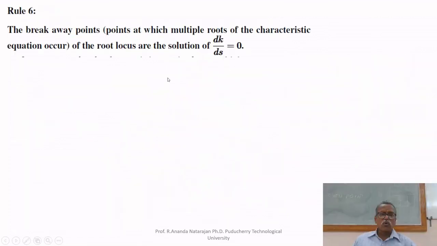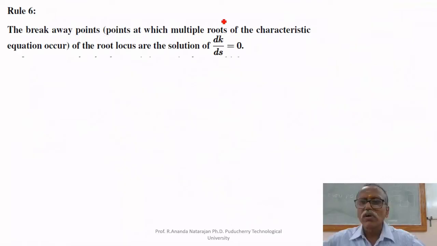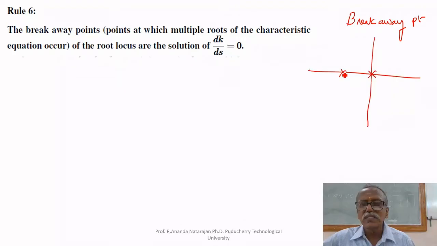What is the breakaway point? First, let us see what the breakaway point is. Sometimes there is one pole here and another pole here, both are starting points. If we select any point after this, the number is even, so it is not part of the root locus. But if we select any point between these two poles, it is part of the root locus.